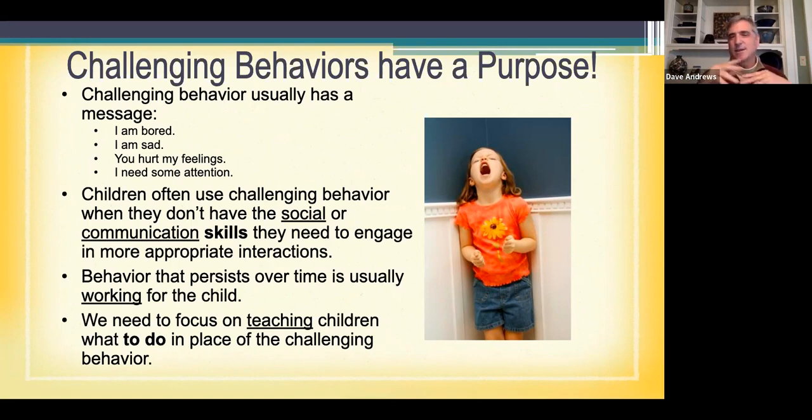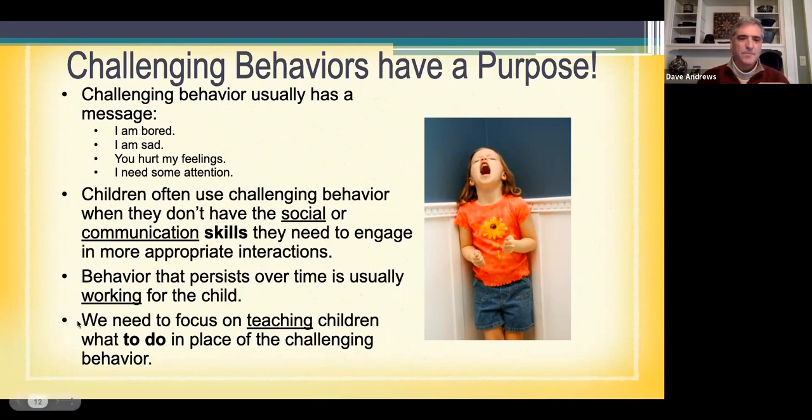So usually the intent is to avoid or to obtain. And also we see the challenging behavior when they don't have the social or communication skills, so they have lagging skills that they need in order to engage in more appropriate actions.